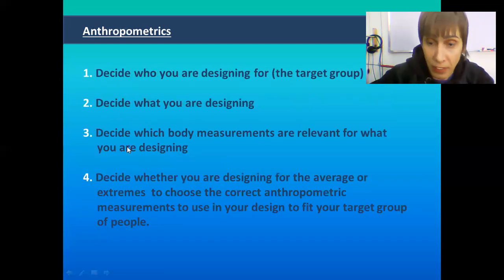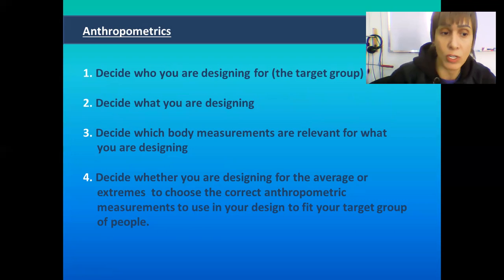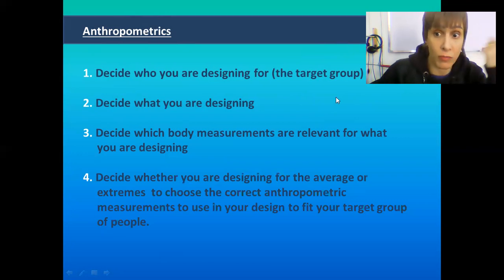Now in anthropometrics, very important, when you're designing something, you need to consider these 4 points. Decide who you are designing for. So your target group of people. The age is very important. What age group?